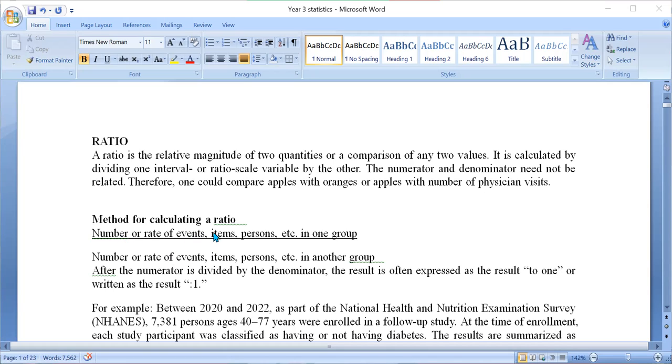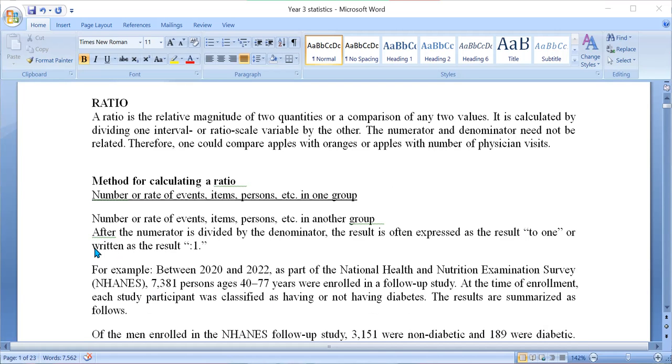Methods for calculating a ratio. Take the number or rate of events, items, persons, etc. in one group. After the numerator is divided by the denominator, that is the process of calculating. Let's say we have 10 oranges and 20 apples and we want to find out the ratio. We're going to divide one by the other.